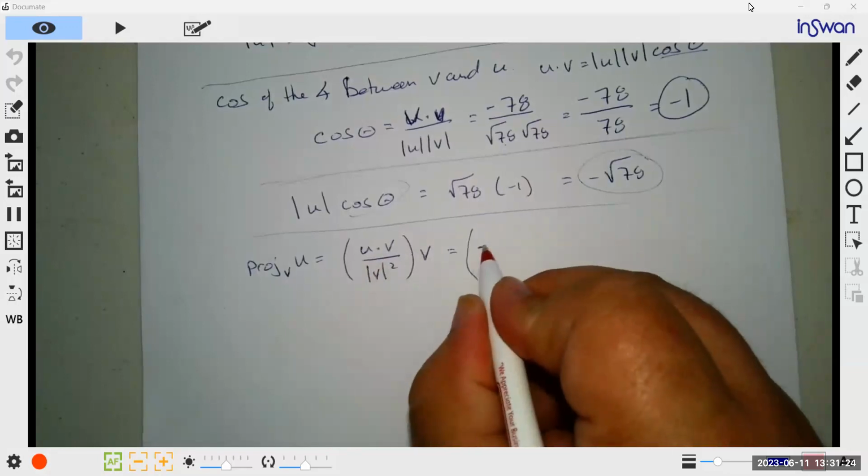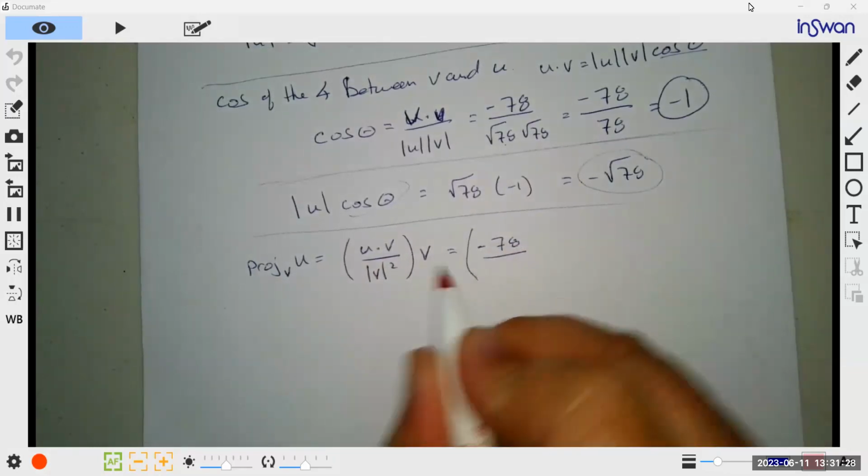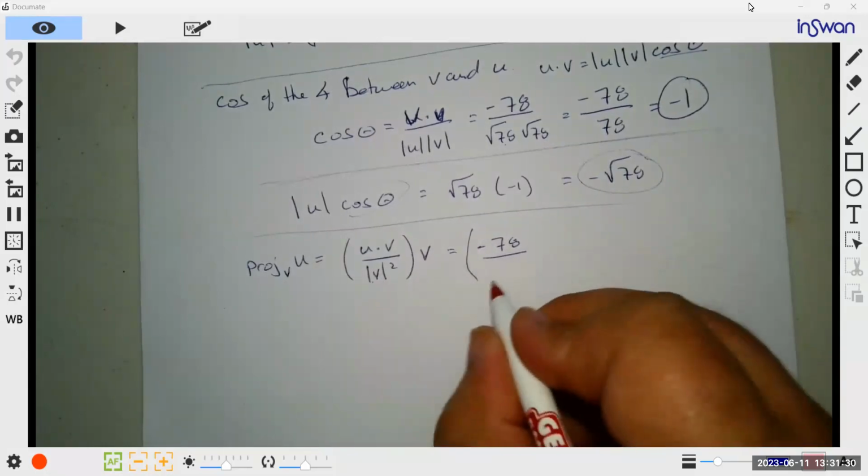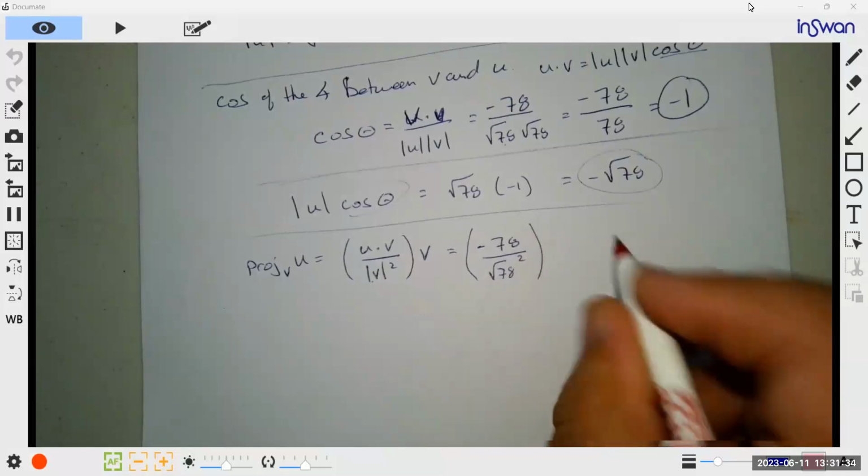U dot v is negative 78. The magnitude of v squared is radical 78 squared.